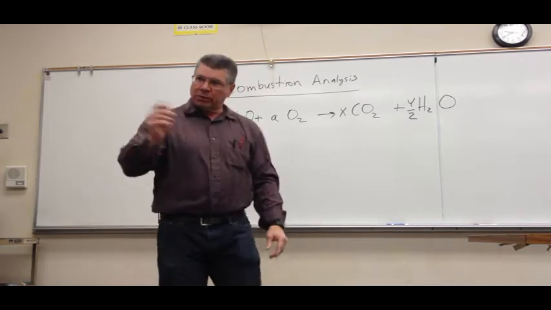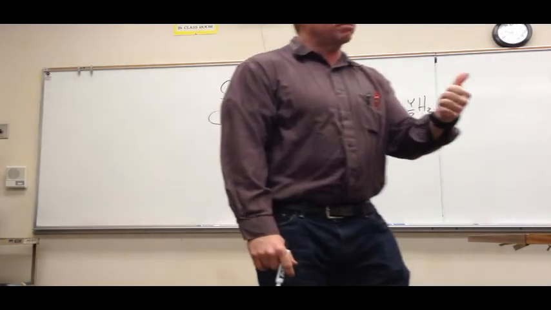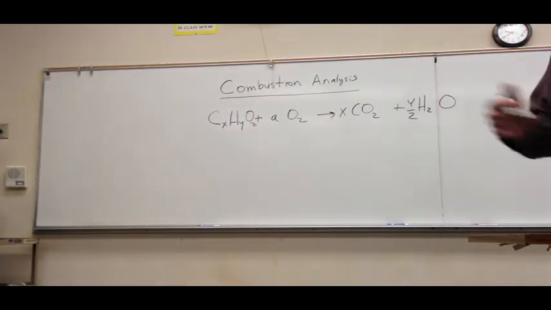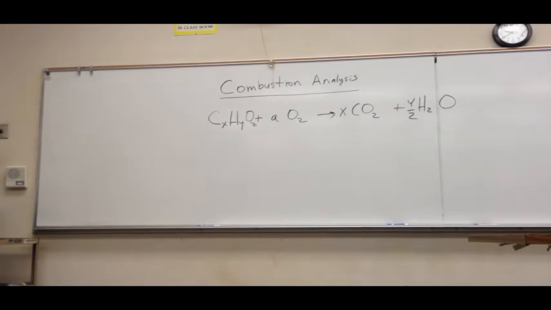If you add those two numbers up, grams of carbon in the compound, grams of hydrogen in the compound, if that adds up to be less than the total mass of the compound you weighed out, then you know there was something else in there. If you know, and you'll be told this in these problems, that it can only potentially contain carbon, hydrogen, and oxygen, then you know the other element's going to have to be oxygen.